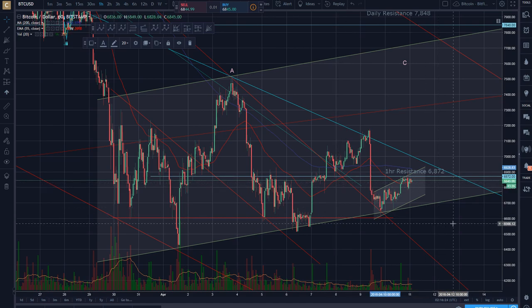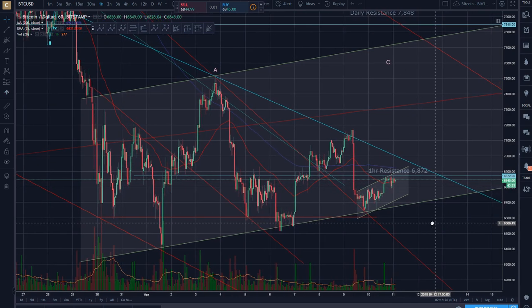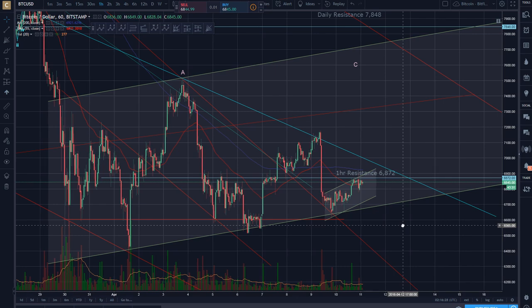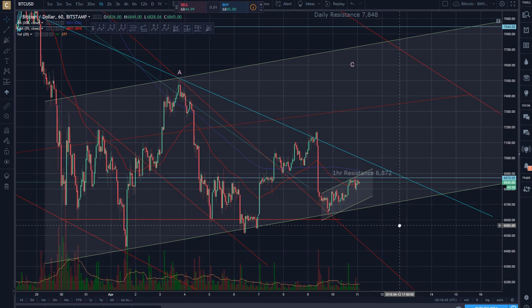Actually, did we draw it back here? I don't remember when we drew this. So what do we have? We have this 1-hour resistance level, okay? And it's at 6,872. Now this is going to change, okay? Because this 1-hour resistance level, we're actually going to be turning it into support.